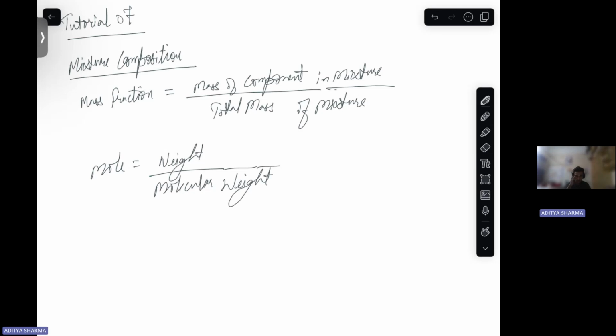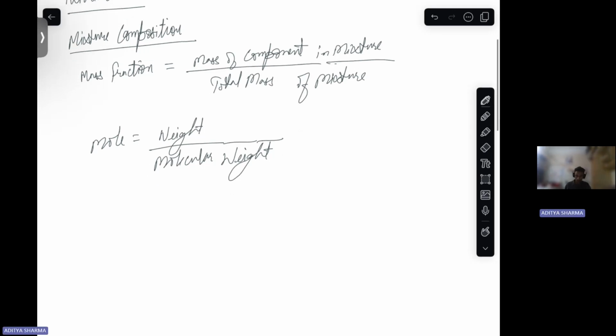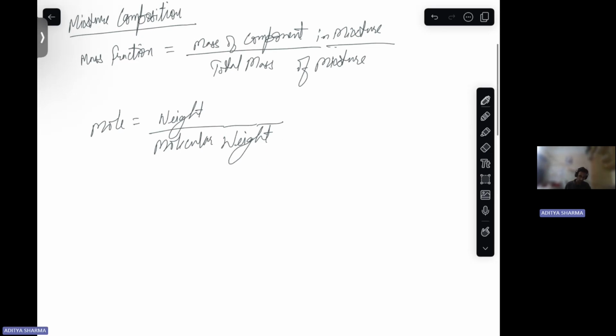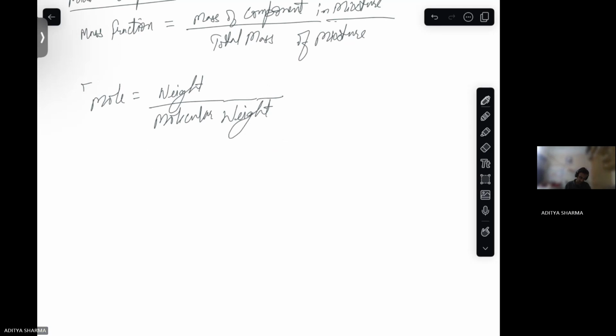So the weight of a particular matter or gas in hand to the molecular weight of that gas. So this is your mole.